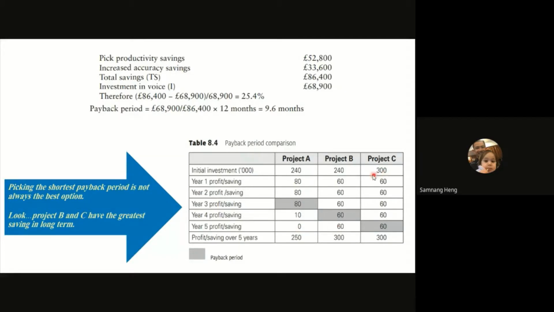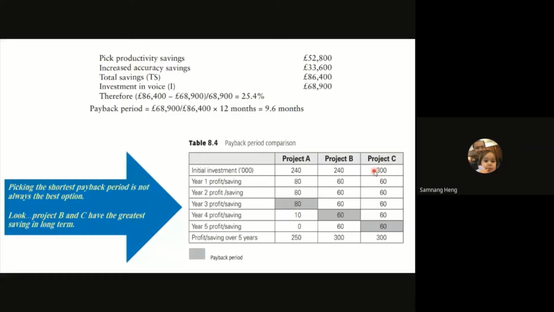Project C, maybe you spend a lot of money at the beginning, you buy the brand new bulldozer or whatever. You don't want to buy the cheaper one, and yeah, you save like $60 a year, and you have to wait until year 5 for the payback period.